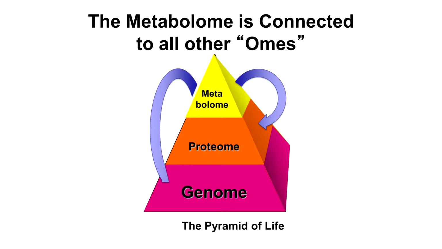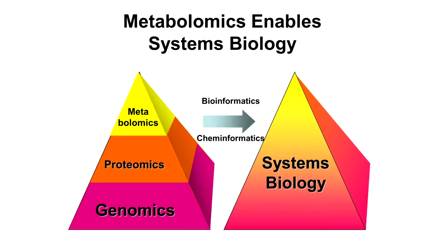Because we know metabolism so well, we can also use it to help understand the other omes, the proteome and the genome. And in many cases, people doing metabolomics end up connecting these three together in ways that help bring together this concept of systems biology. So instead of thinking of the world divided as genomics and proteomics and metabolomics, through bioinformatics and through much of the work pioneered by people in metabolomics, we're starting to blend them all together and creating the field of systems biology.